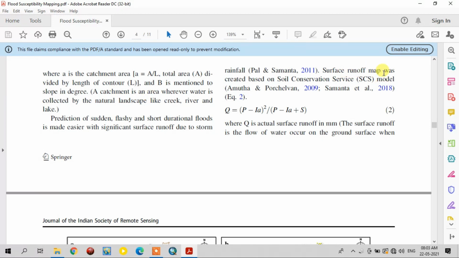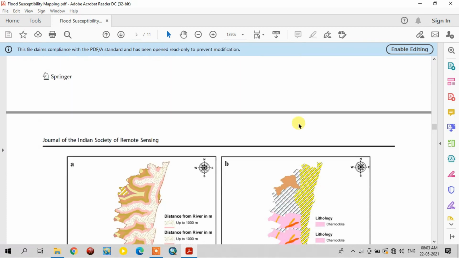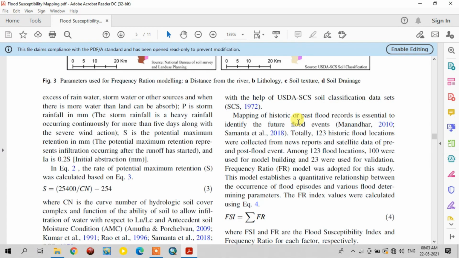So the next one is the surface runoff map. It is created based on the Soil Conservation Service model. This is one of the huge processes in this study. See, this is the formula for surface runoff estimation, where Q is the actual surface runoff in millimeter, and P is the storm rainfall in millimeter.